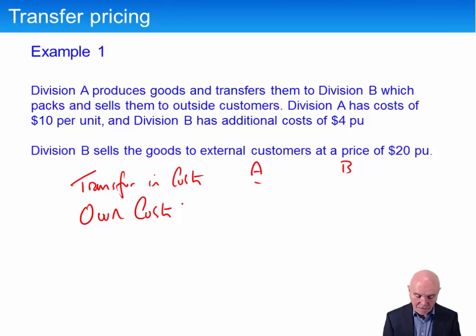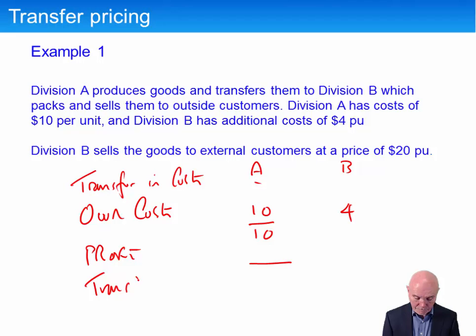Other own costs are 10 in Division A, and 4 in Division B. So the total cost there will be 10. And then we can have some profit. And then we have a transfer out cost, or transfer out price, or a final selling price.